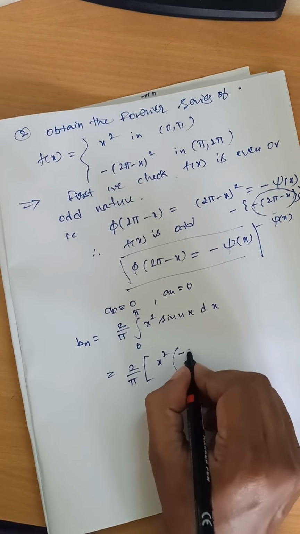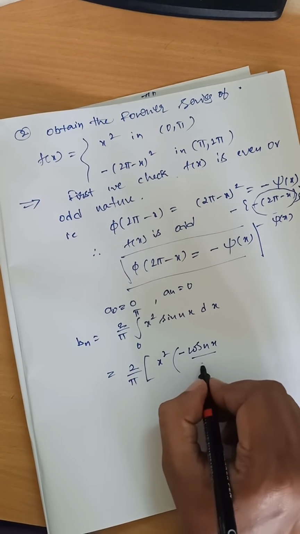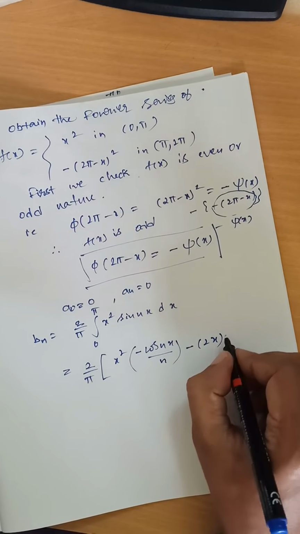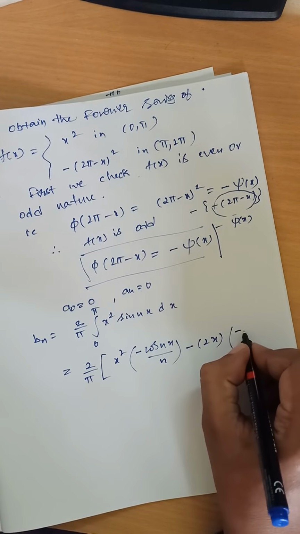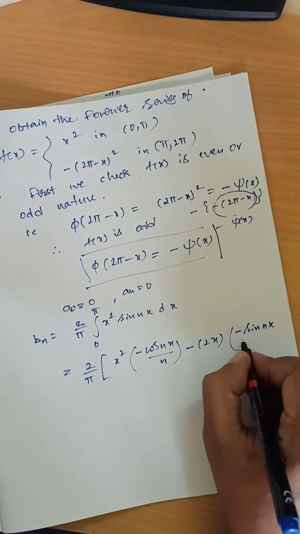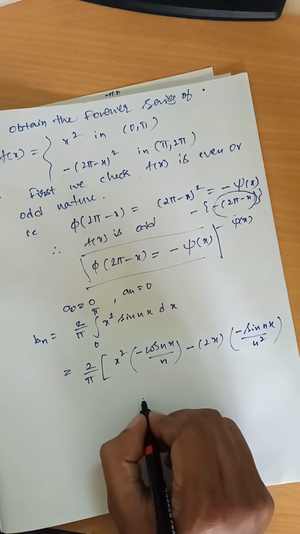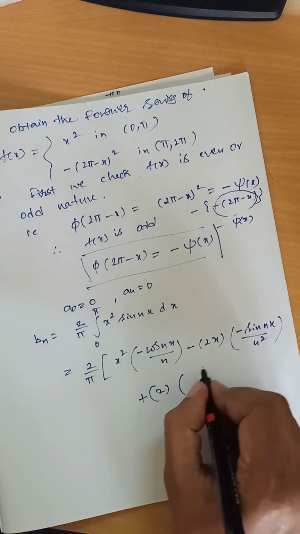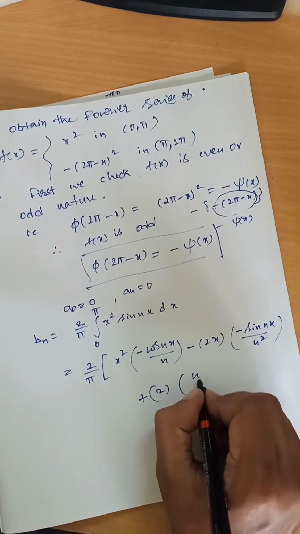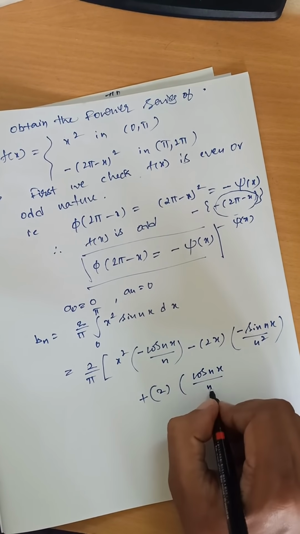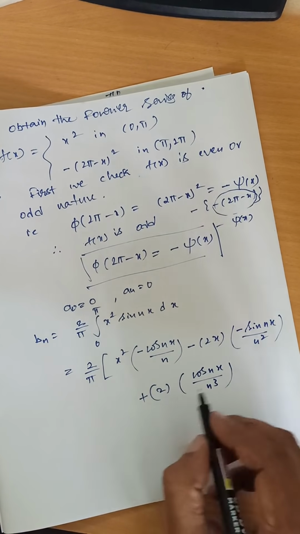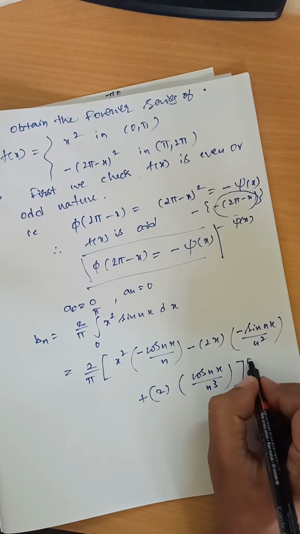Integral of second function is minus cos nx by n, minus 2x into integral of cos is sin nx by n square, plus derivative of 2x is 2. Integral of sin is minus into minus plus cos nx by n cube. Next term will be 0 because derivative of 2 is 0.